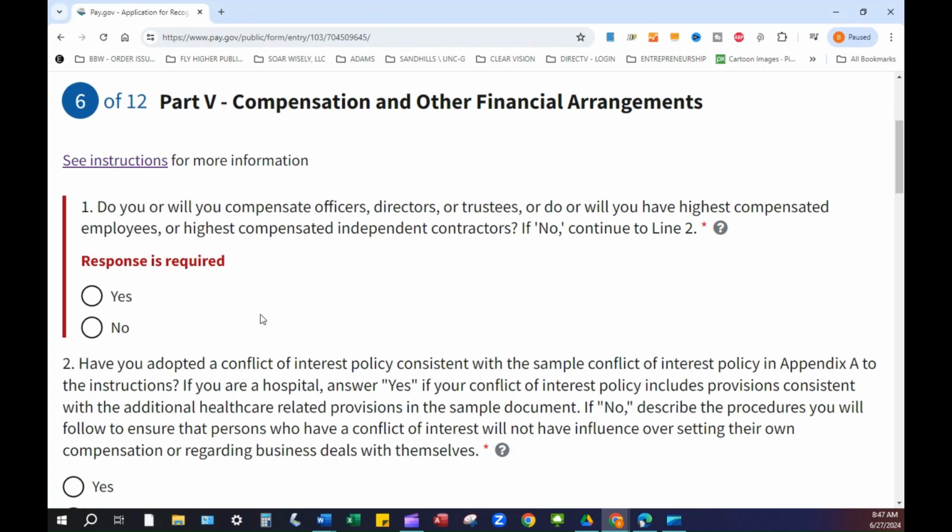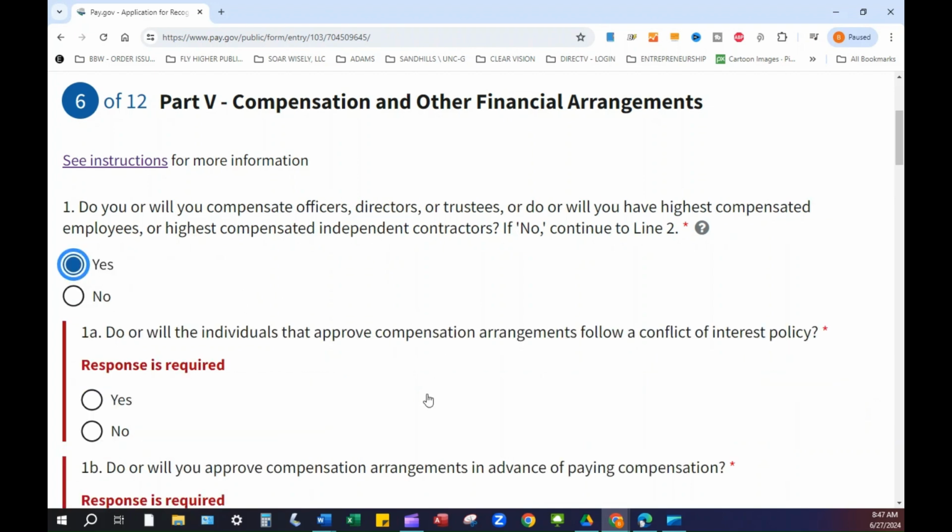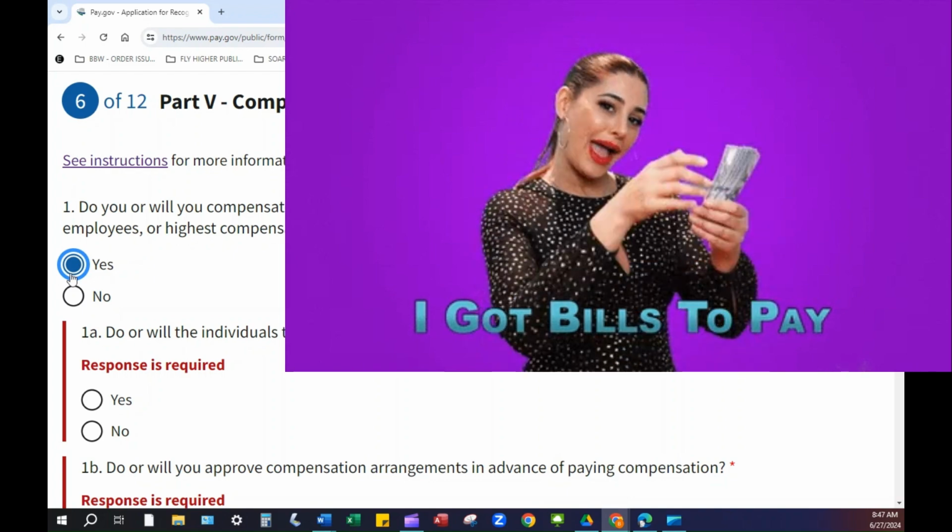Typically, in the beginning of the newness of a nonprofit, it's going to be very difficult to pay yourself, but ideally you do want to be able to pay yourself. You want to be able to compensate yourself, your treasurer, your secretary, the main three individuals you have to have on your board, because number one, you've got bills, right?